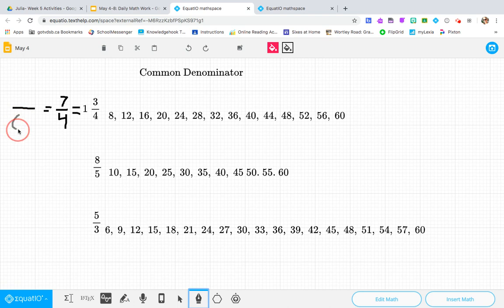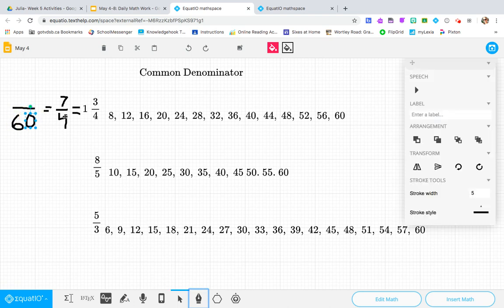Now I'm going to convert it into my equivalent fraction with a denominator of 60. Now I know that 4 times 15 is 60. I think of a clock when I do that. I do 15, 30, 45, and 60. So if I multiply the bottom by 15, I also have to multiply the top by 15. So 7 times 15.